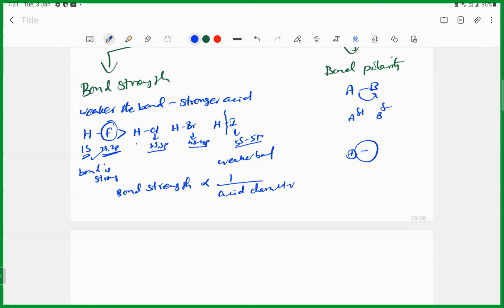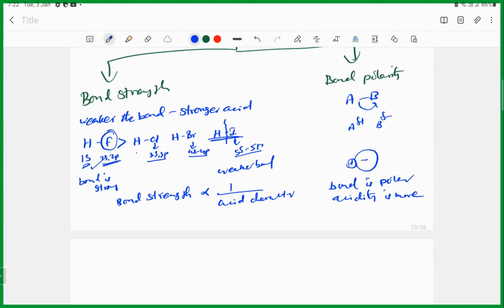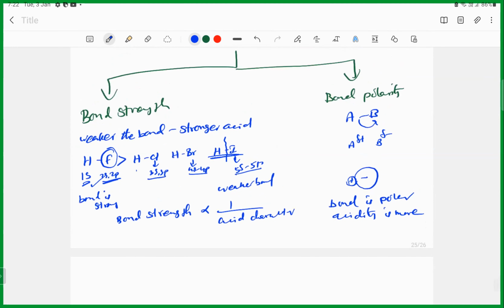When the bond is polar, automatically the acidity will be more. Among the four, the polarity will be more for hydrogen. That's why it is a stronger acid. So these are the two factors which affect the acid strength.